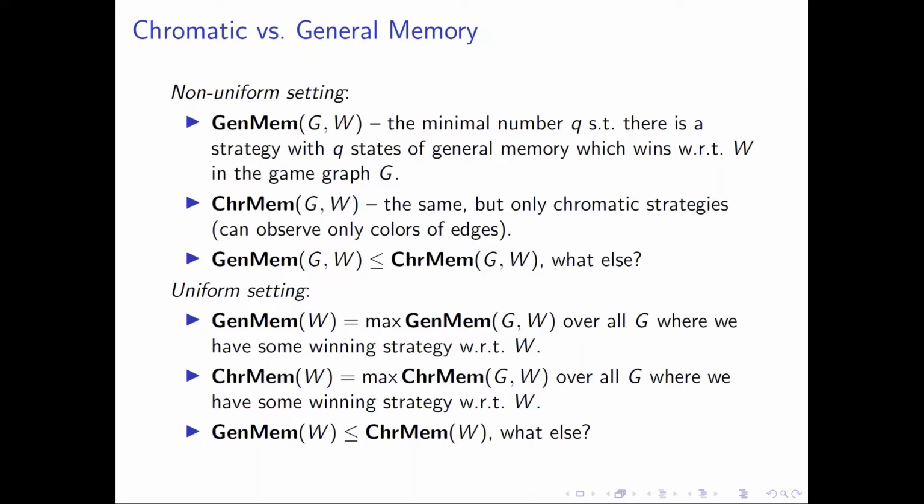Okay, and again, what does it mean? General memory means that it can be realized by a finite automata with Q states, and its input alphabet is the set of edges of G. So what basically happens is that we carry this finite automata with ourselves during the game. Each time the next edge is produced, we feed this edge into our automata.